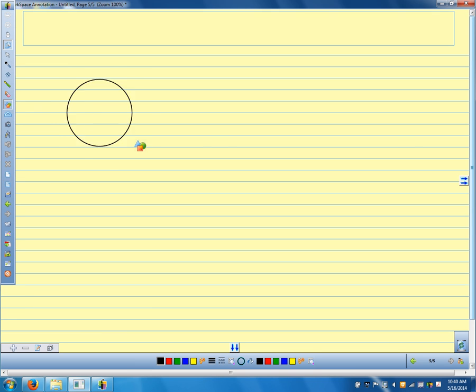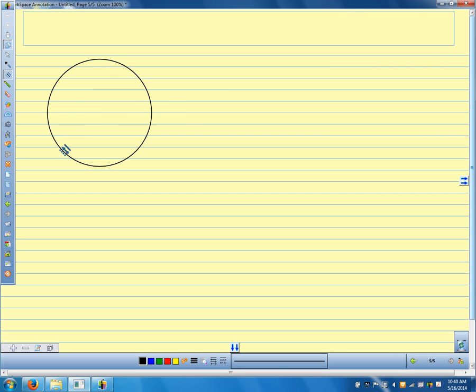So our circle here, and we're going to have a secant, a tangent. I'm going to call that A, B, and C. So here we have secant and tangent.